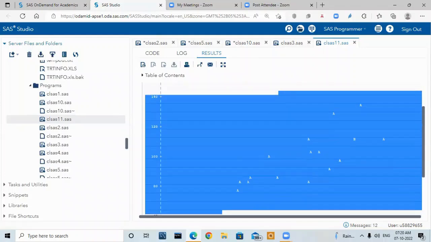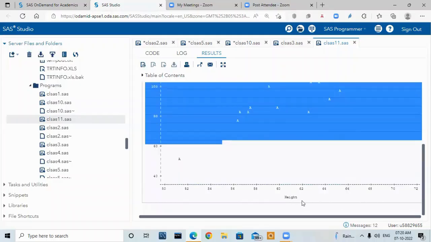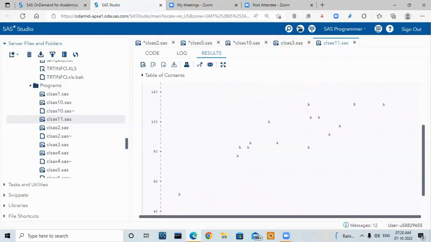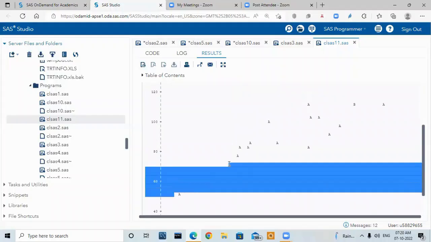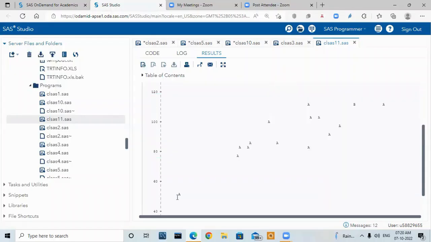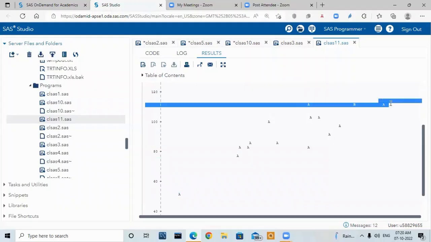Are you getting it, everyone? With the increase in height, definitely the weight is also increasing. You can see the points are going up. For less height, the point is down. For more height, the weight also increases. Understood? More height, more weight.